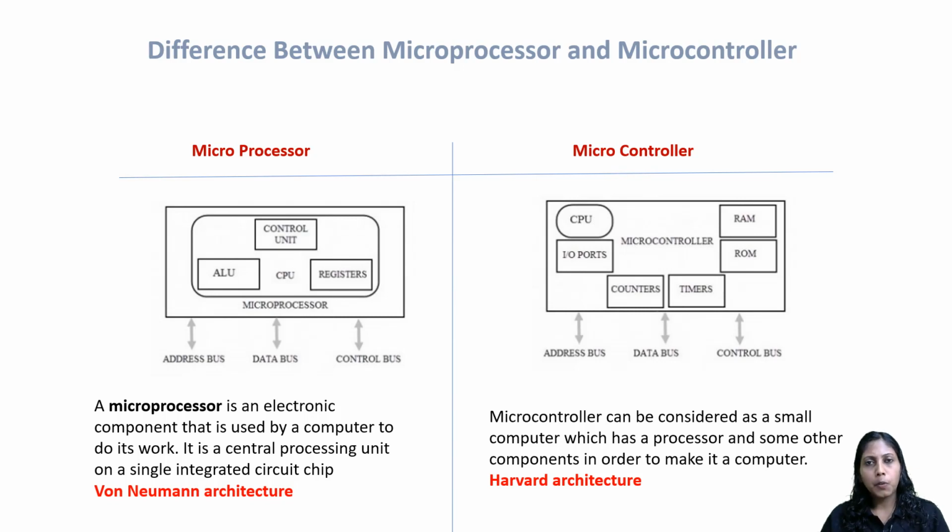So in a microprocessor, if you want to interact with any peripherals, even IO ports, you have to interact through these buses because everything is external. But on the other hand, in a microcontroller we have everything inbuilt: CPU, IO ports, counters, timers, RAM, ROM. This is very important. Even the memory is inbuilt in the controller.